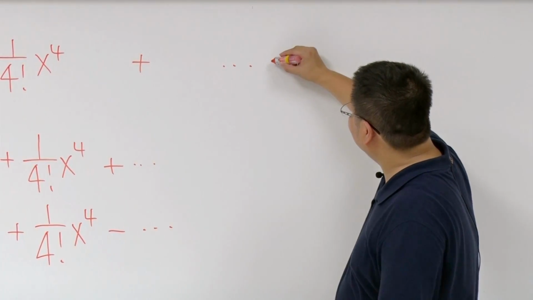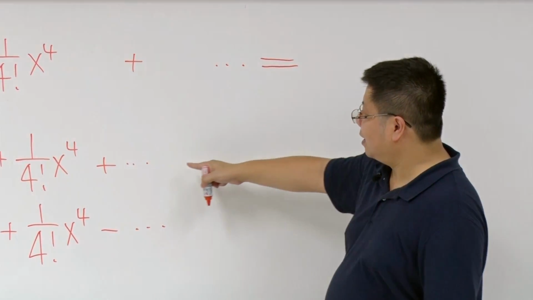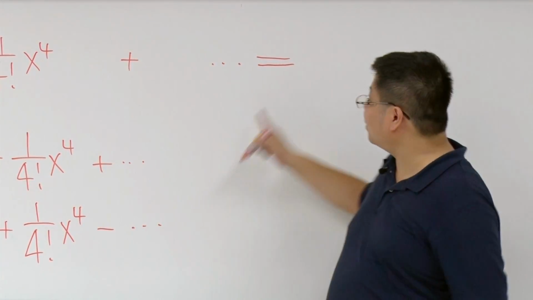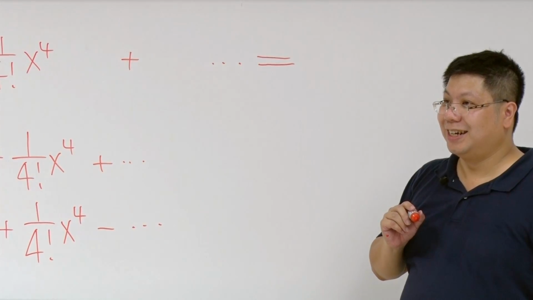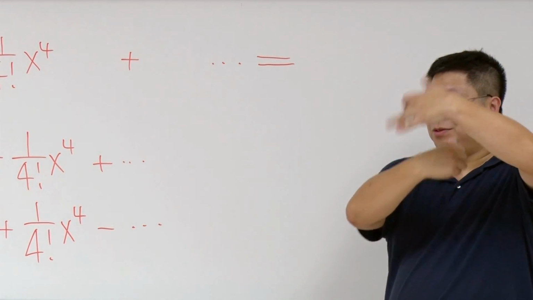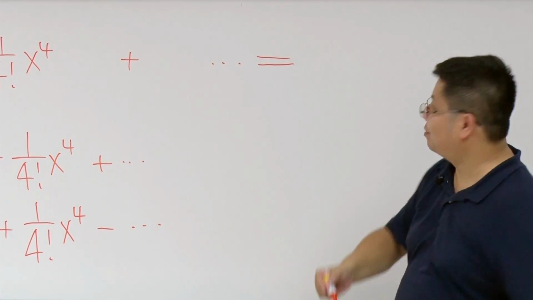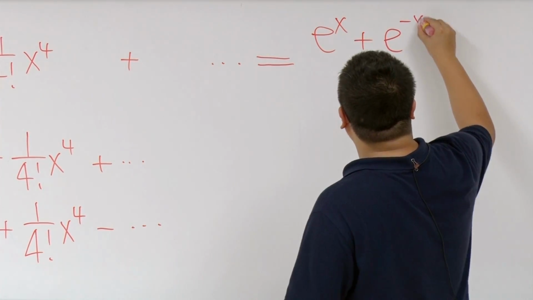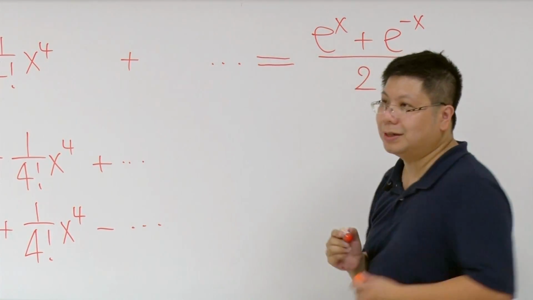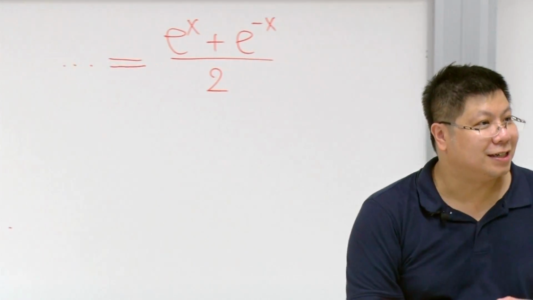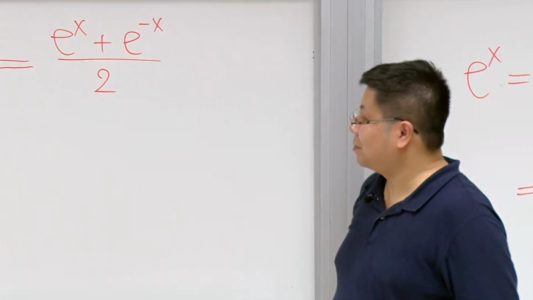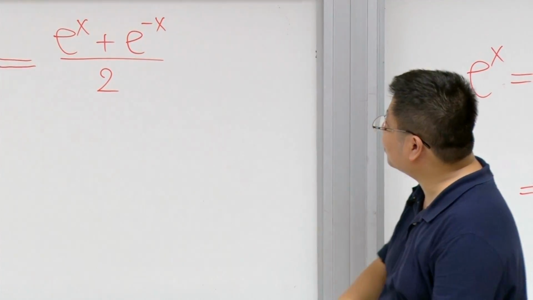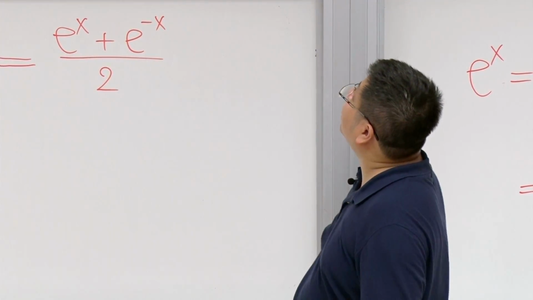So you have e to the x equal to this one, you have e to the minus x equal to this one. What is it? It is the average of these two, right? You add them up and divide by 2. So this is equal to (e to the x plus e to the power minus x) divided by 2. Is that okay? Good. And then what remains is just routine. Let's work it out together. So now we get the EGF for x.